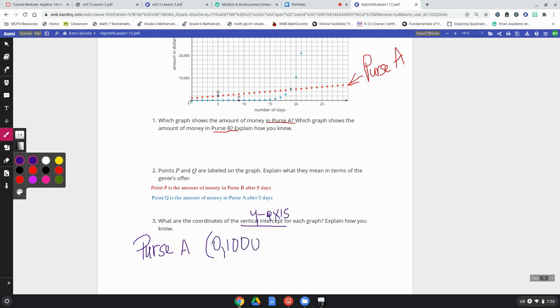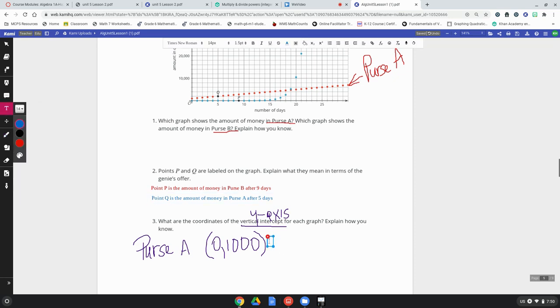And how do I know this? Because initially the purse had $1,000, right? And the number of days is day 0, which means initially, right? So initially there was $1,000 in the purse.